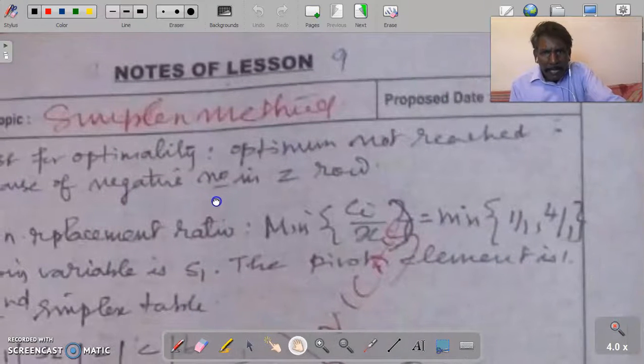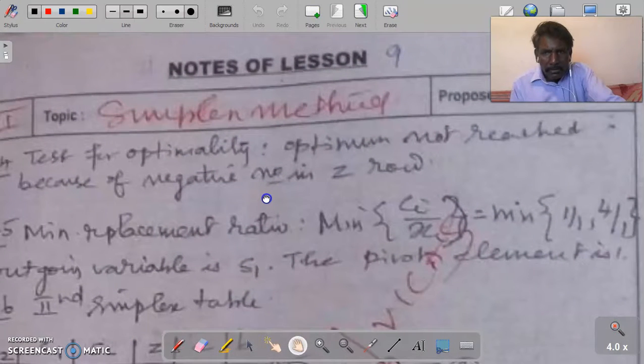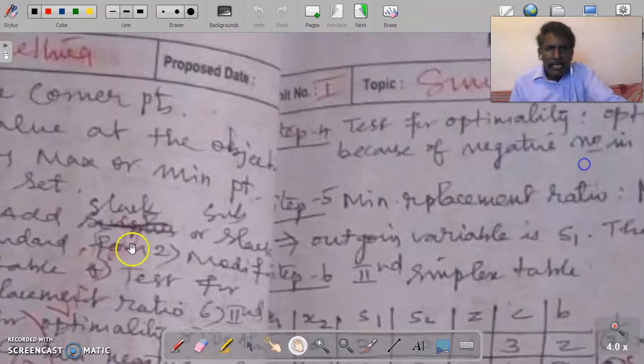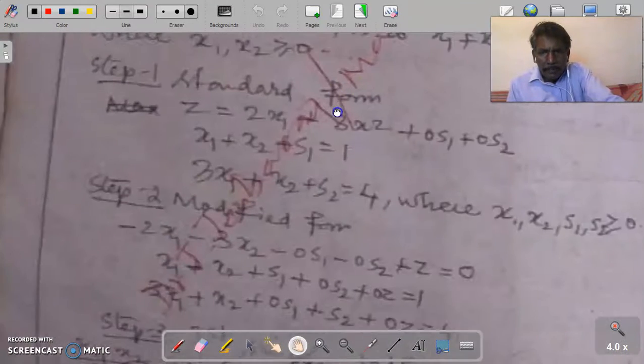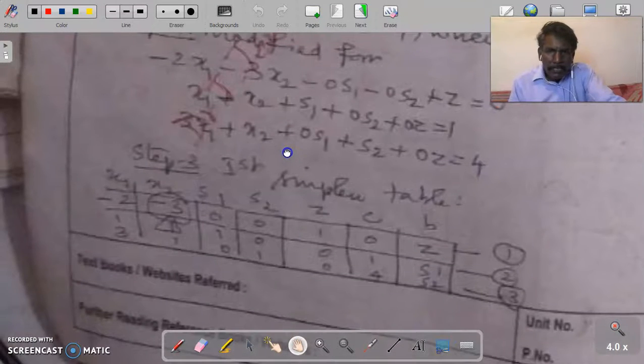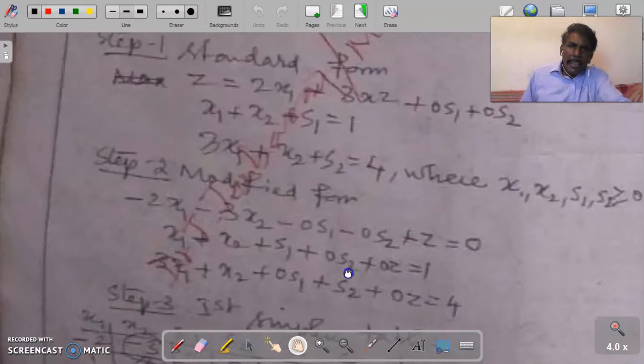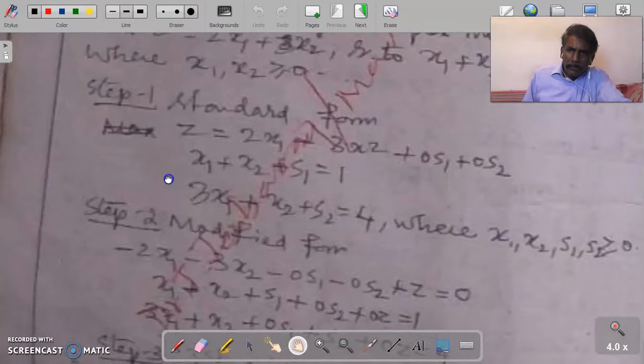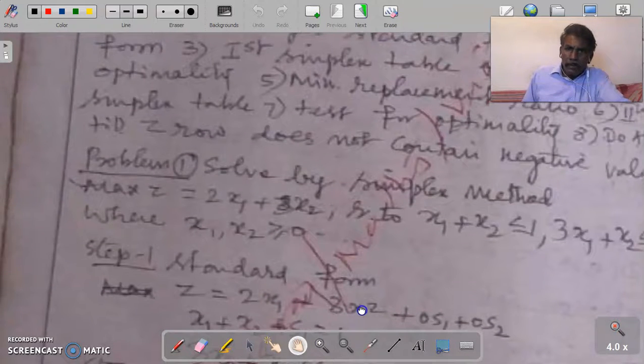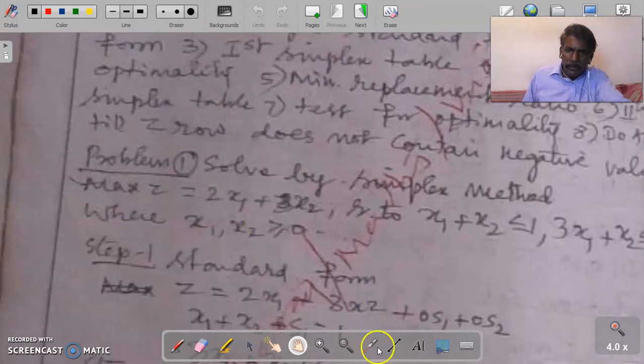Test for optimality is not reached because of a negative number in the Z row. Look at this particular table. Here, our aim is a maximization problem.